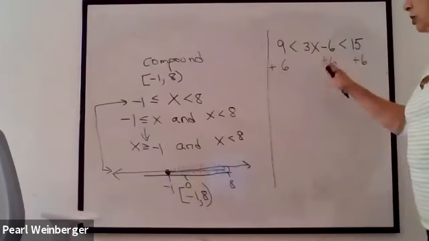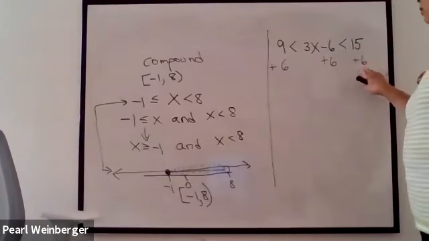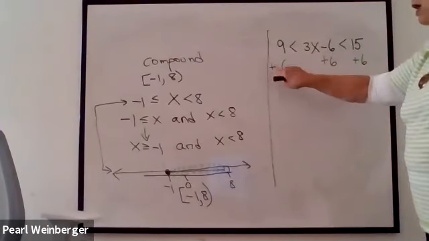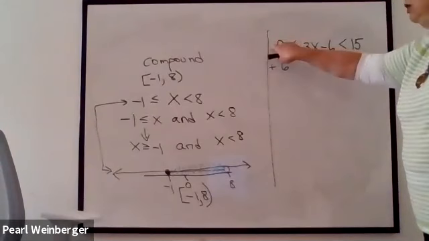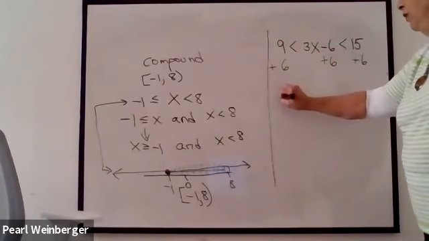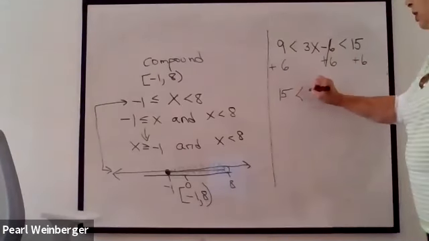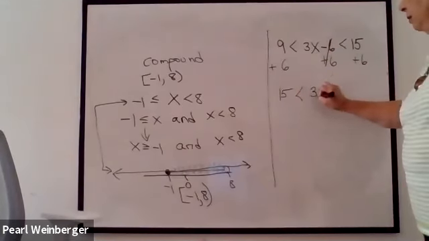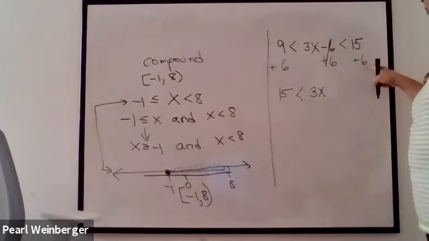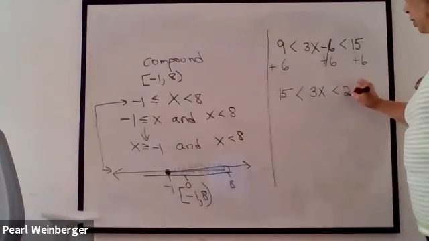Whatever I do in the middle, I do the same at both ends. So here I do 9 plus 6, and that gives me 15. Here the 6 cancels out, so I have a 3x in the middle. And here I have 15 plus 6, that gives me 21.